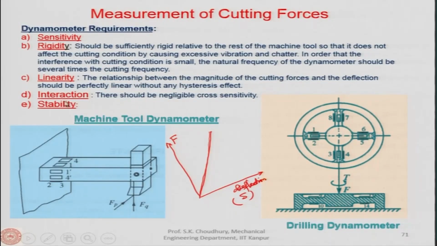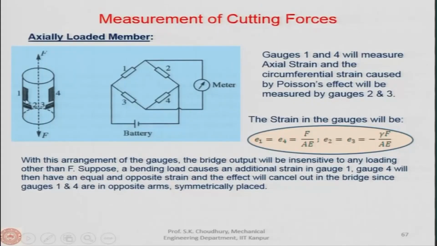Now, the next is the interaction. There should be negligible cross sensitivity. We have already said something about cross sensitivity in the first case, for example here in the axially loaded member.